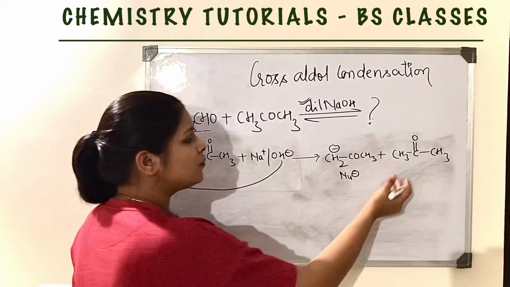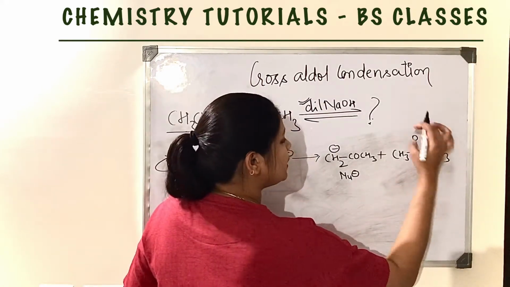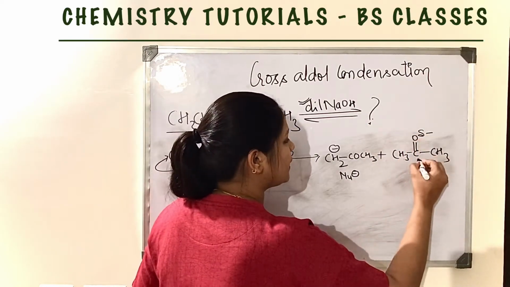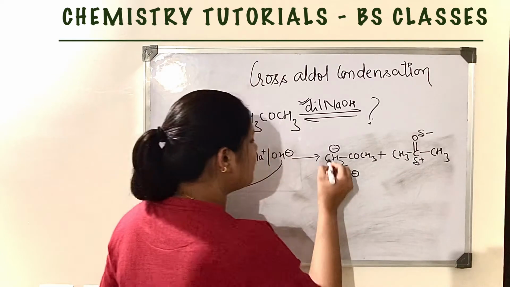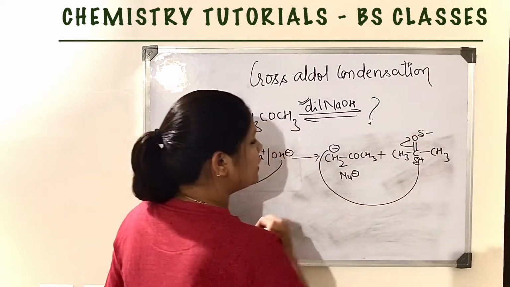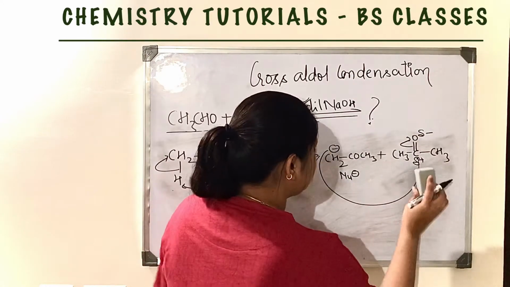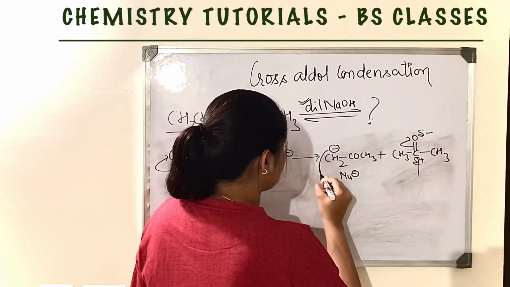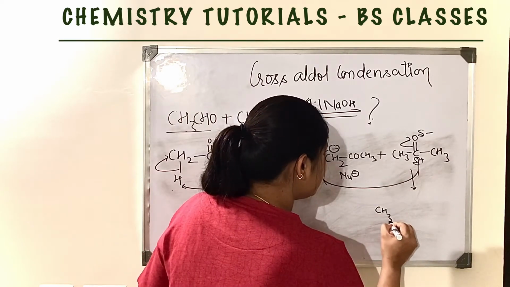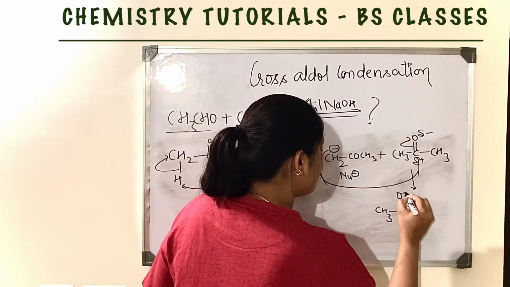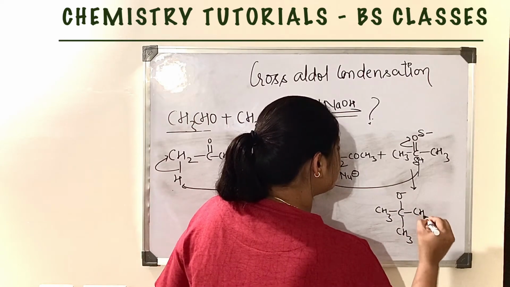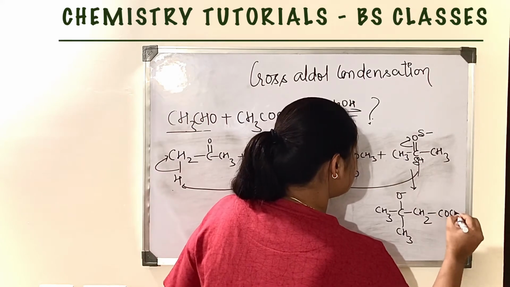Same, due to electronegativity difference, there is a creation of partial positive and negative charge. This carbon will bind with this carbon and the bond is completely shifted, forming CH3CO minus, here CH3, now CH2COCH3.